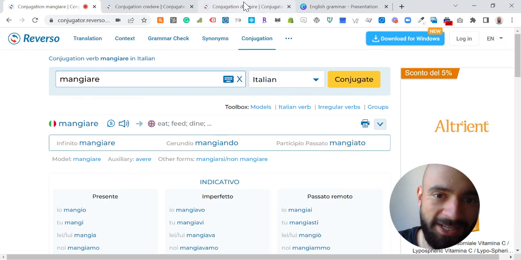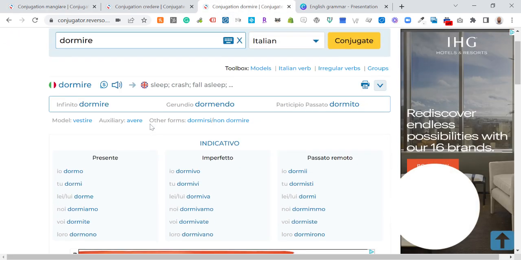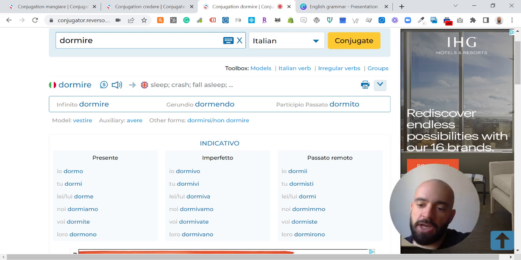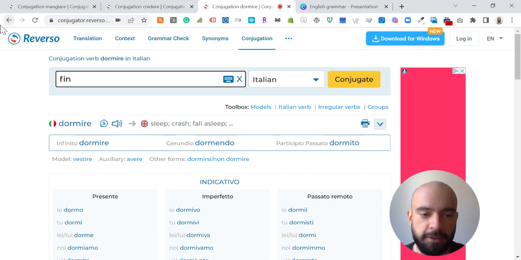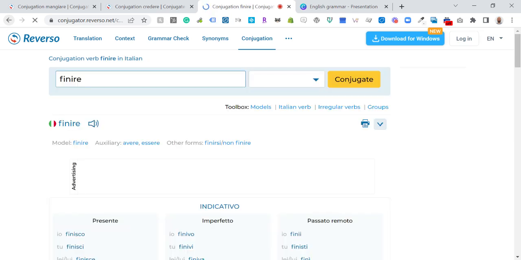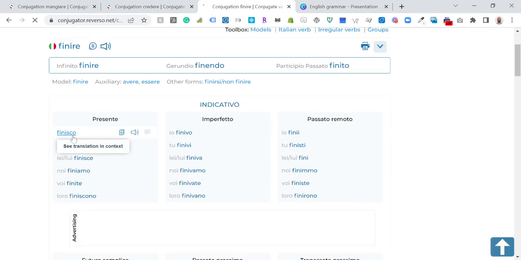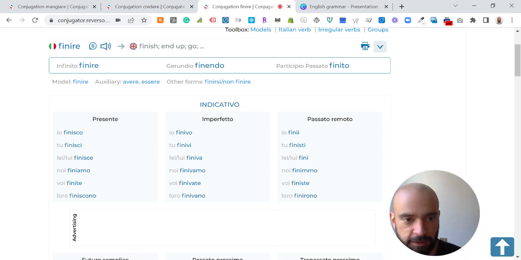Okay, now there is something that I want to elaborate a little bit more on. The conjugation ire can be split into two conjugations. These are the main ones. That's why I came up with the verb dormire. But there are other verbs such as finire, which is to finish, that end up this way: finisco, finisci, finisce, finiamo, finite, finiscono.